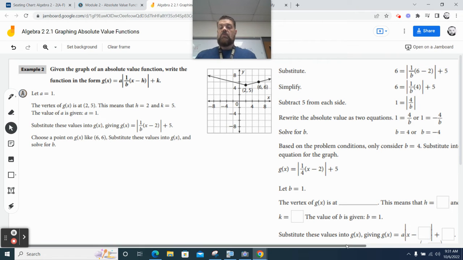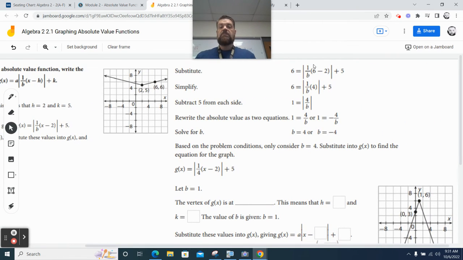So what we're going to do is we're going to plug in, and if you don't see the connections, I'm going to write them over here. We know that a is 1. We don't know what b is. We know that we're going to use the x value of 6 and a y value of 6.